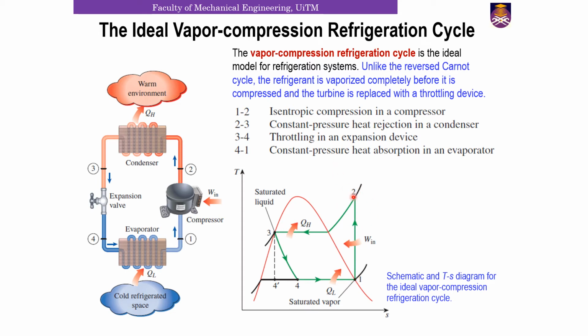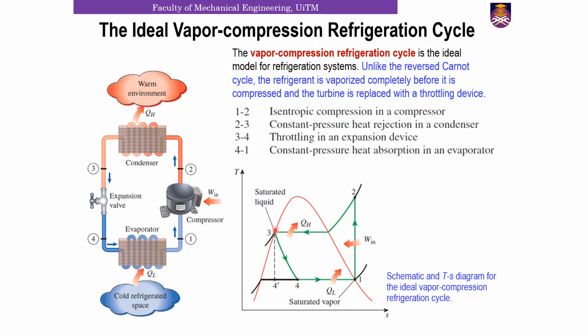Then from point 2 to 3, in the condenser here, we have constant pressure heat rejection. As you reject the heat, the temperature drops from this point to this point, and this is done all at constant pressure. So this will go from a superheated region right up to the saturated liquid region. And then from 3 to 4, we have the throttling in an expansion device.